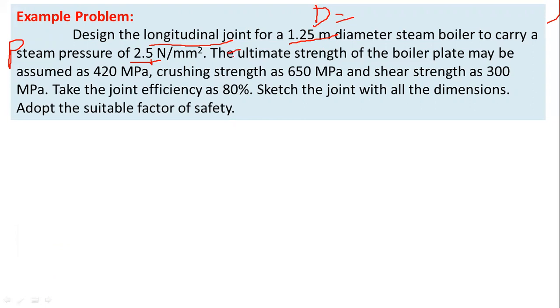This is the ultimate tensile strength, this is the ultimate crushing strength, and this is the ultimate shearing strength. And the longitudinal joint efficiency is 80%, zeta L. And you have to select a suitable factor of safety.